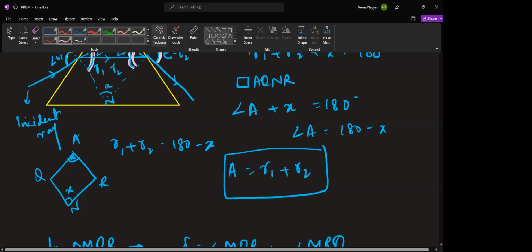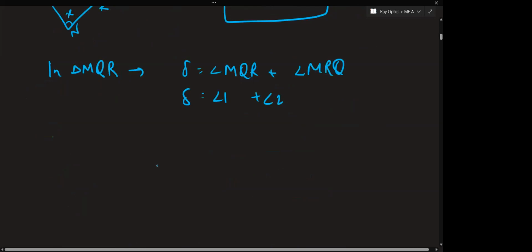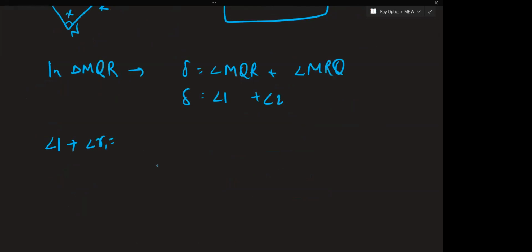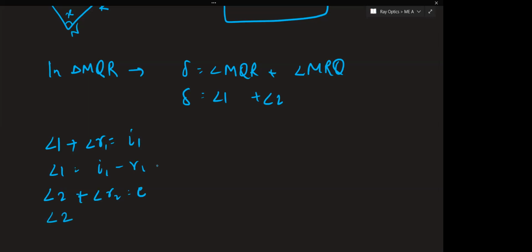So angle 1 plus R1 is equal to I1, so angle 1 is I1 minus R1. Similarly, angle 2 plus R2 is the emergent angle, so angle 2 is E minus R2. So deviation is angle 1, I1 minus R1, plus angle 2, E minus R2. Is it clear till here?